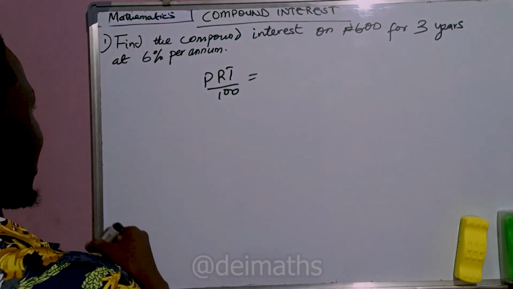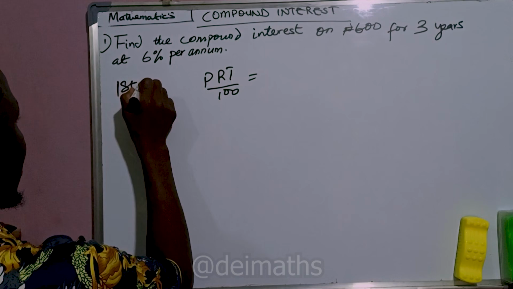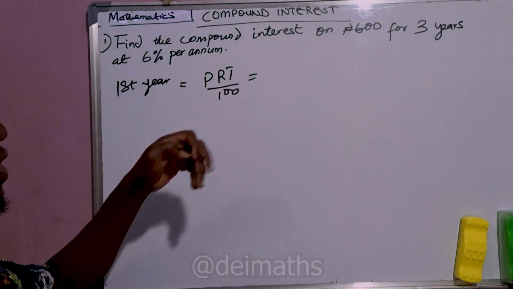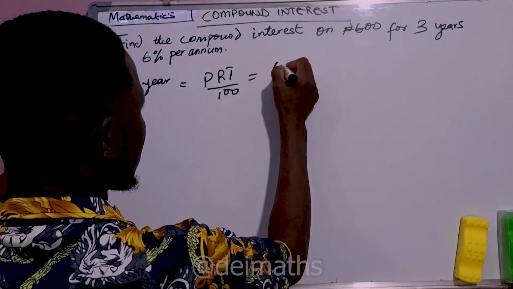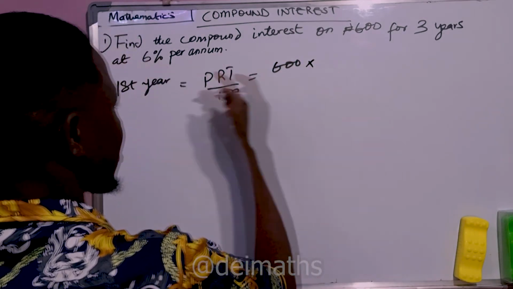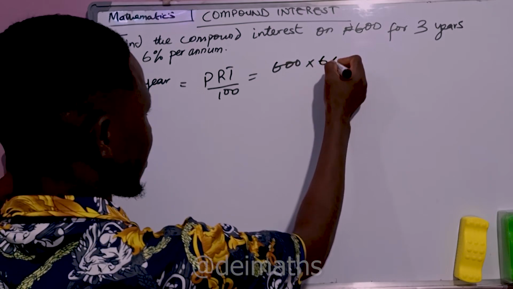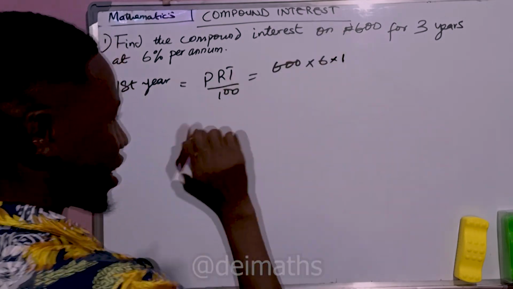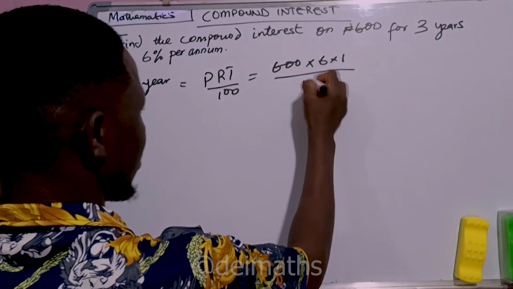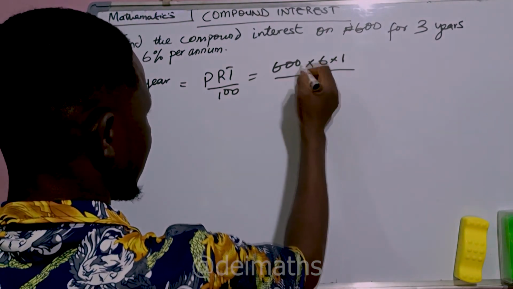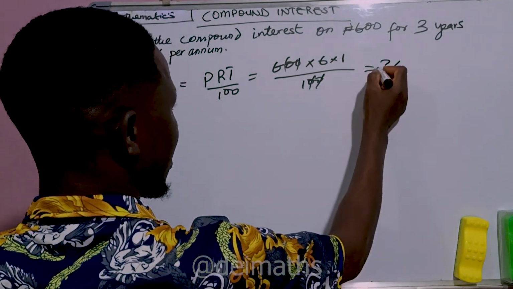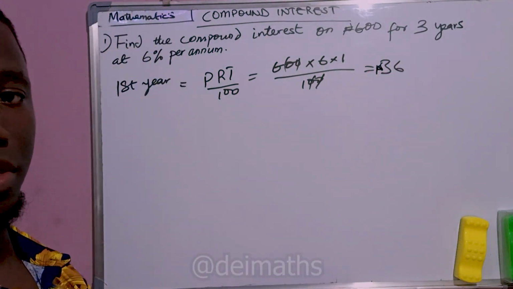For the first year, we are calculating 600 naira times 6% times 1 year. We are not calculating for 3 years again. All over 100, we have this. So we have 36 naira as our interest for the first year.